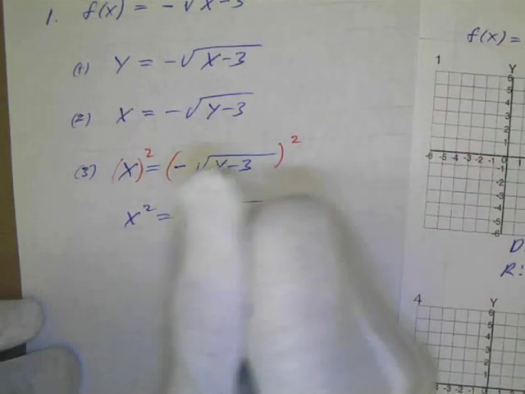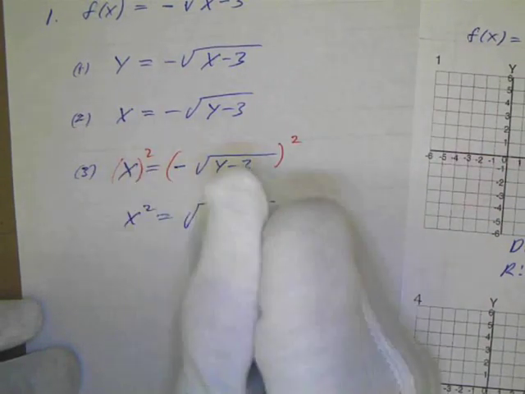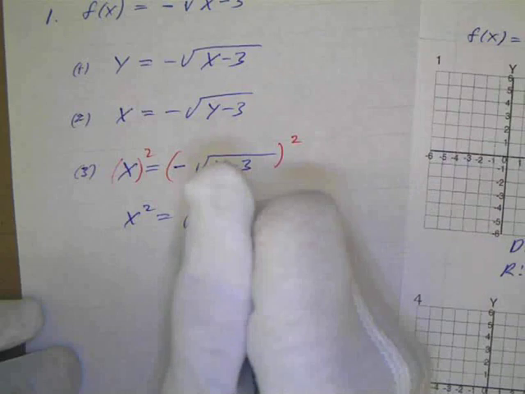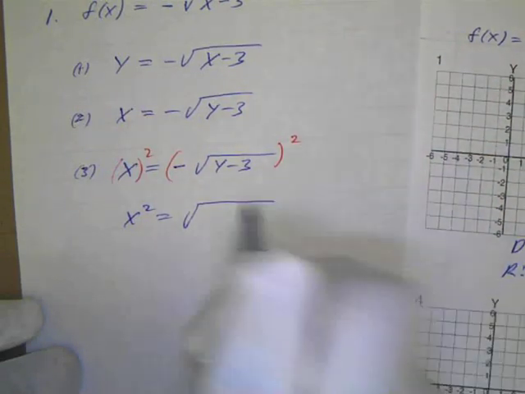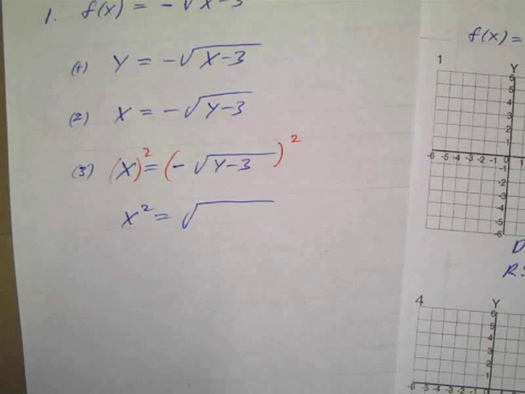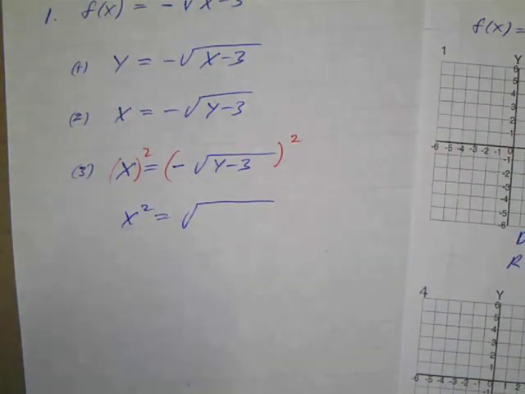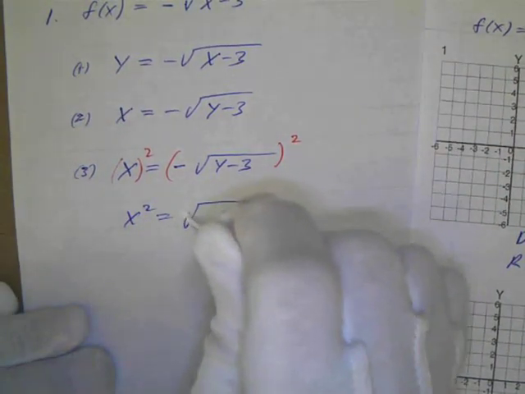I'm sorry, just negative times a negative is a positive, and the square roots become the same. When there was a square root of y minus 3 times the square root of y minus 3, that is just y minus 3.